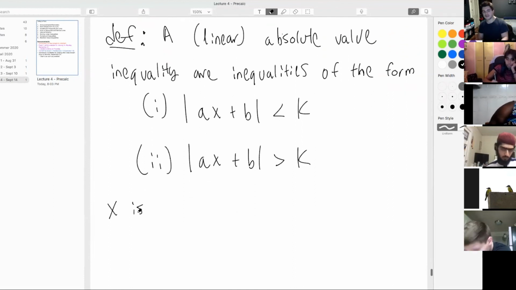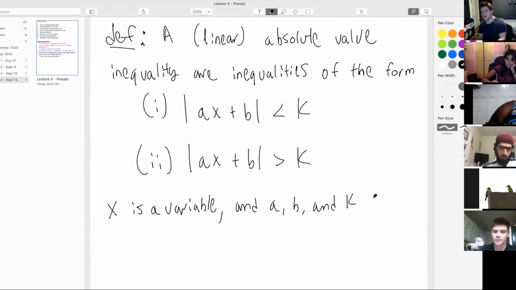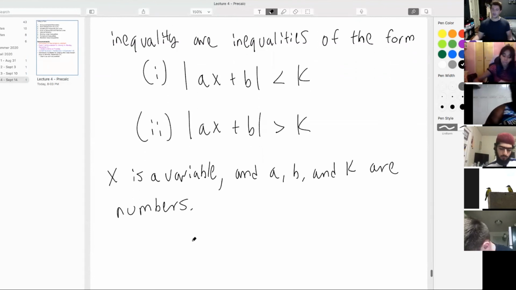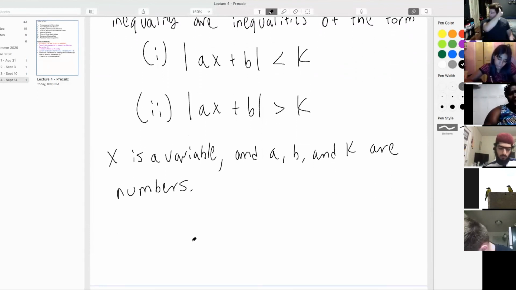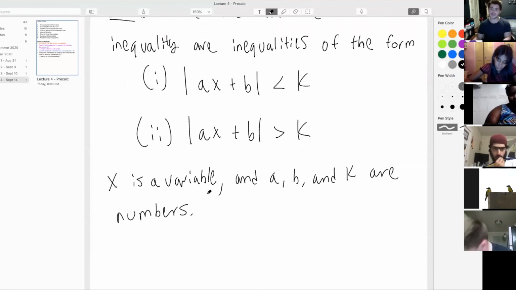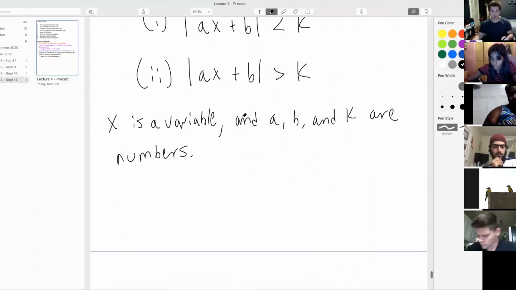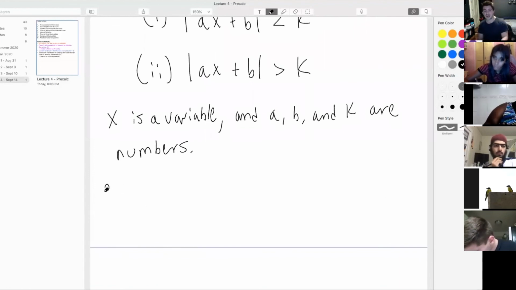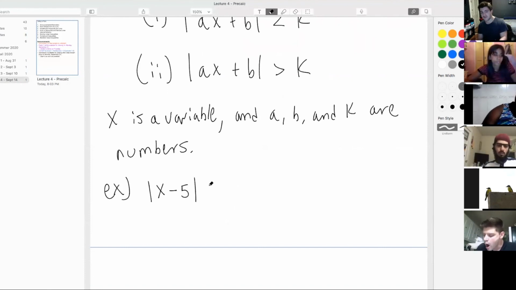Okay, so here x is a variable, and a, b, and k are numbers. Okay, and we can have less than or equal signs or greater than or equal signs with these two. Okay, so there can be a line underneath all of these. All right, so we need to figure out how to solve these. So quickly, just an example. The example from before, absolute value of x minus 5 less than 4, is an absolute value inequality.